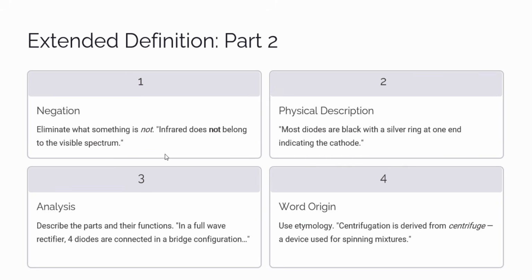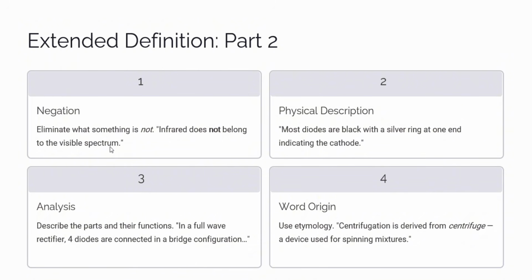Take note of this. Another way you can do your extended definition is negation: eliminate what something is not. Take for instance, infrared does not belong to the visible spectrum. You are trying to tell someone that infrared does not belong to the visible spectrum.